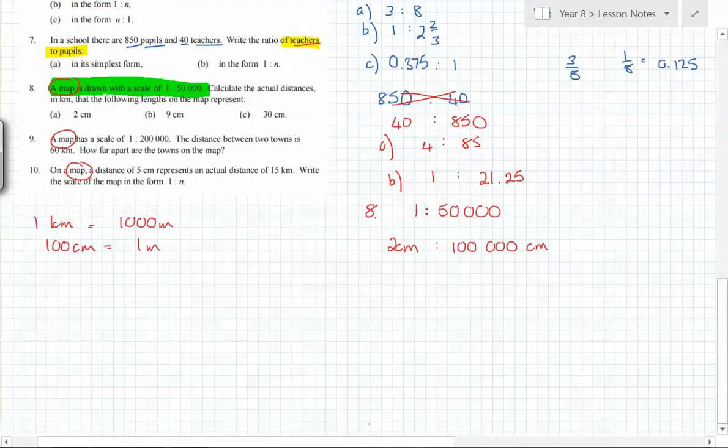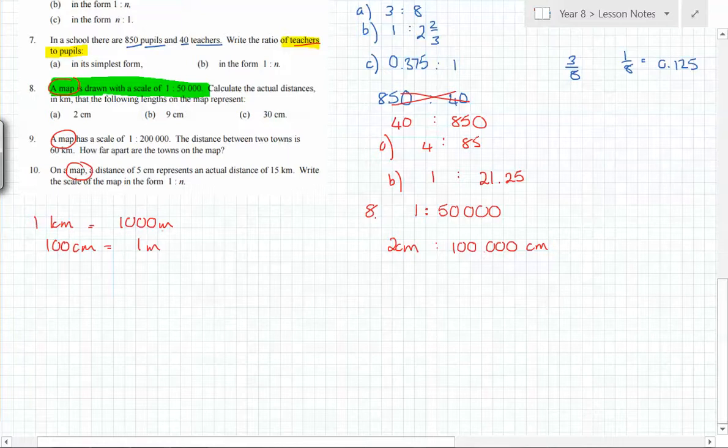Alright, so just to finish this lesson, let's just check that you're okay with question 8. I've started off, I've written the ratio 1 to 50,000. Having this discussion with Kian, a ratio does not have a specific unit involved. It should be able to be used with any unit. So from my start ratio of 1 to 50,000, I've got 2 centimetres, it's therefore 100,000 centimetres. That's the map, and that's the real life.